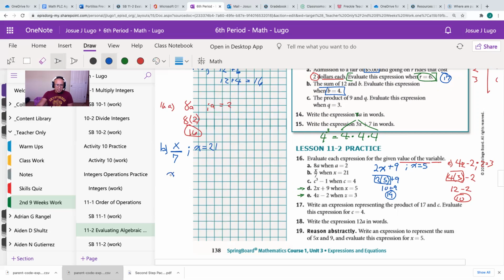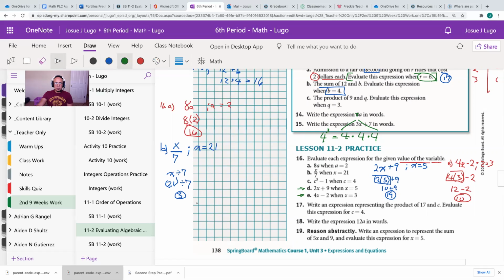So this is really the same thing as x divided by 7. But instead of an x, I'm going to use a 21. So I'm going to do 21 divided by 7. And I'm just putting it in parentheses again, just to focus on the fact that I am substituting it, that I'm putting a 21 instead of an x, and I'm putting it right there. So 21 divided by 7, and obviously that's equal to 3.